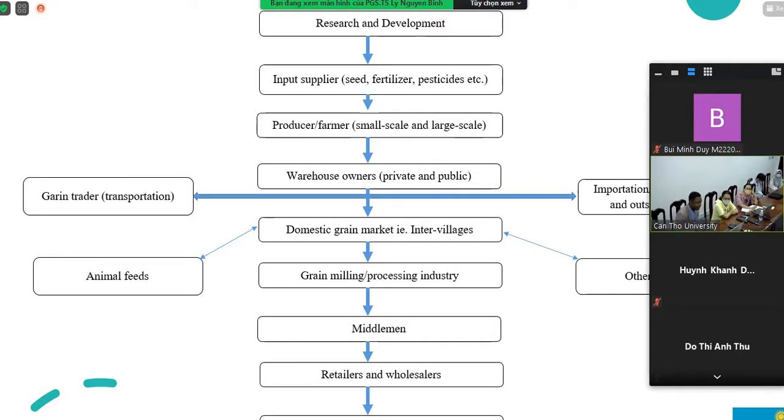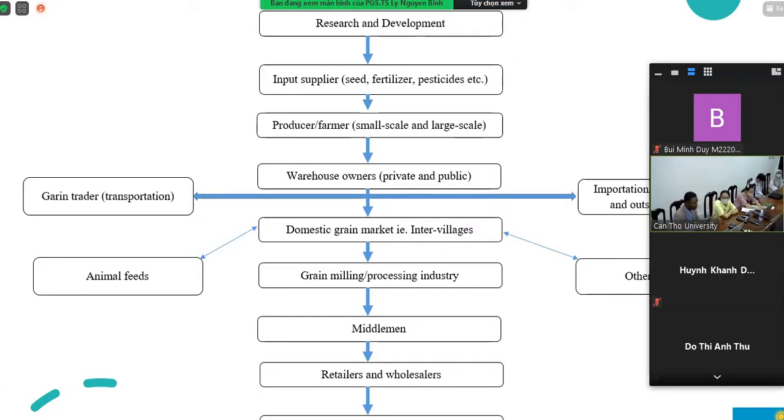And then from this, there will be some grain traders. They transport maize, or they import or export maize inside the country or outside the country, or there is a domestic grain market, inter-village or inter-sector.